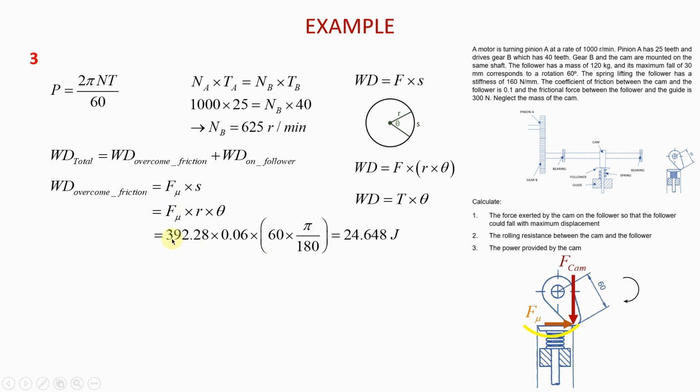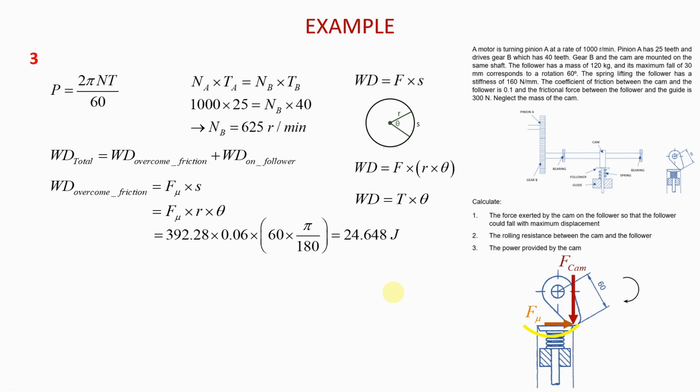We already have the frictional force, which we calculated earlier. R is 60 millimeters, so 0.06. And theta is the angular displacement, but we change it to radians. That is what you see happening here.